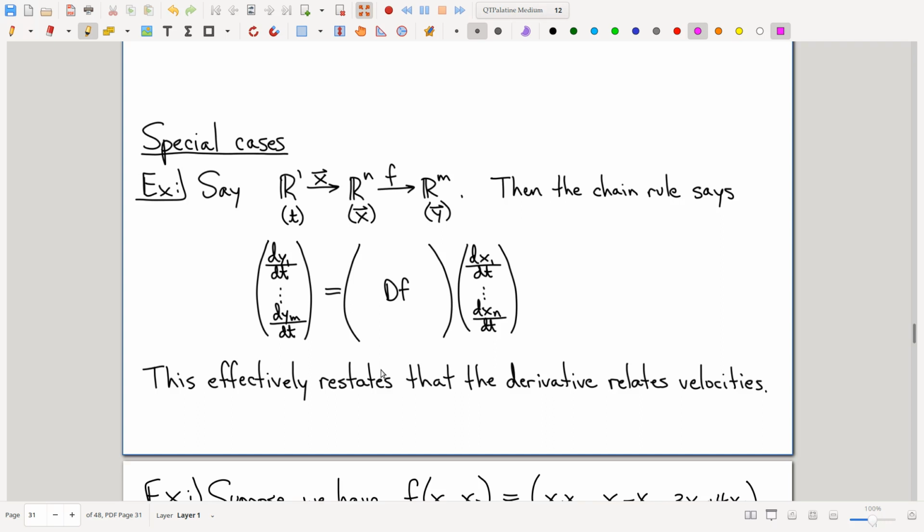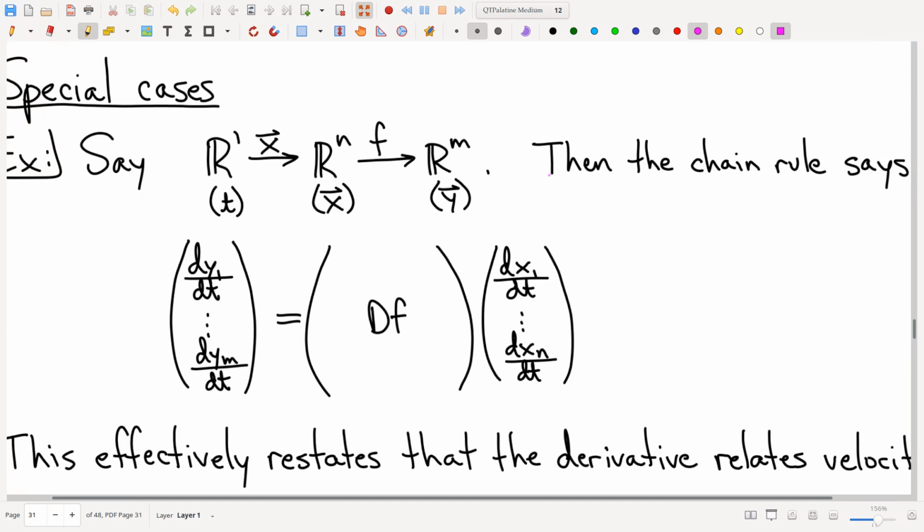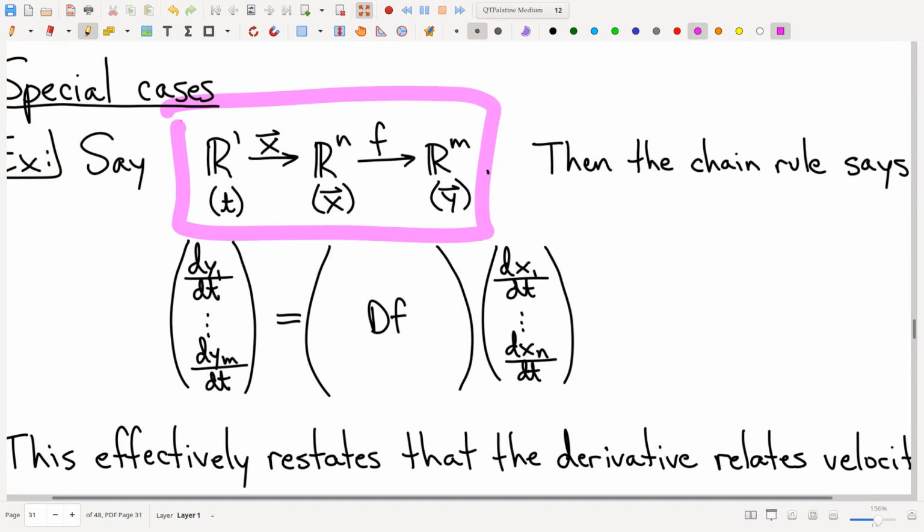So here we go. Chain rule. Here's a composition of functions. The special case that I want to talk about is what happens when there is, in fact, only one original input variable. What does the chain rule turn into in that case?